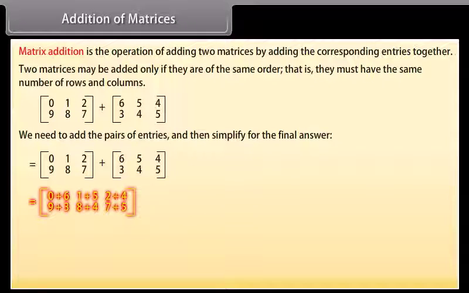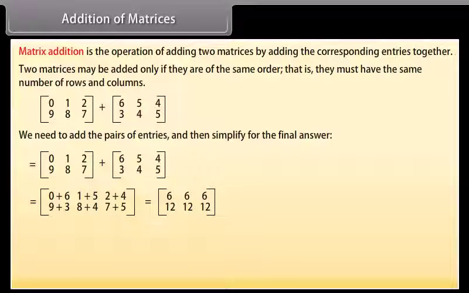Second row 9 plus 3, 8 plus 4, 7 plus 5, is equal to row-wise, first row 6, 6, 6, second row 12, 12, 12. So the answer is row-wise, first row 6, 6, 6, second row 12, 12, 12.